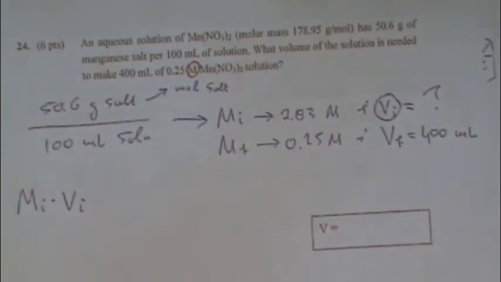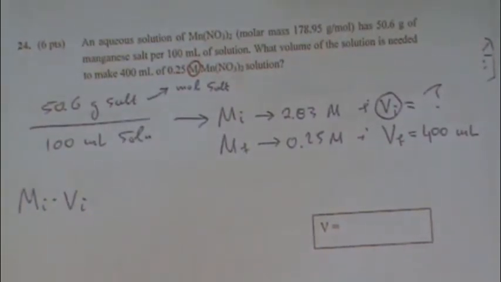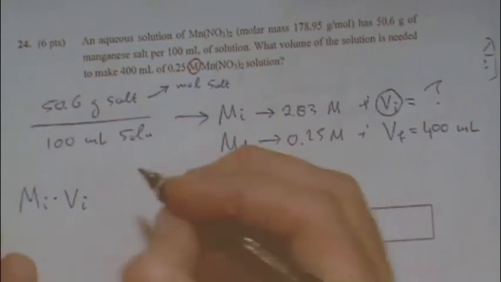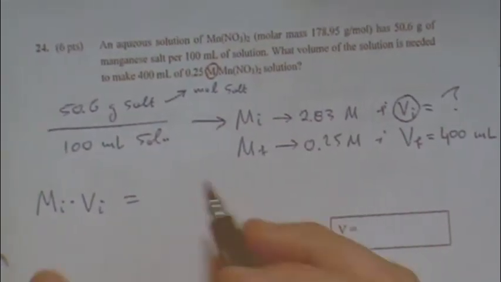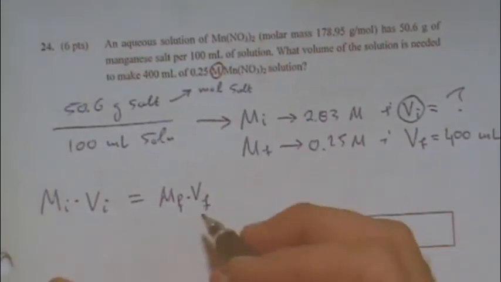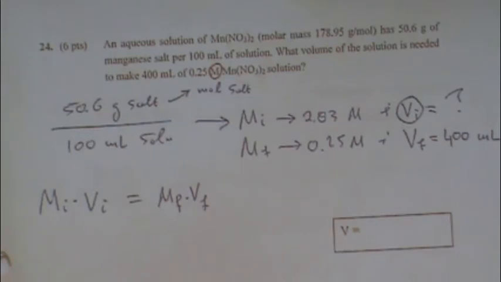That will give you the number of moles if volume is in liters. If the volume is in milliliters, it will be the number of millimoles of the salt. That should remain equal. It doesn't matter how much water you take out or put in, it will be the same as the number of moles, molarity final times volume final. If volume is in liters, it will be moles. If volume is in milliliters, it will be millimoles. It really doesn't matter. They have to be all the same, yes?